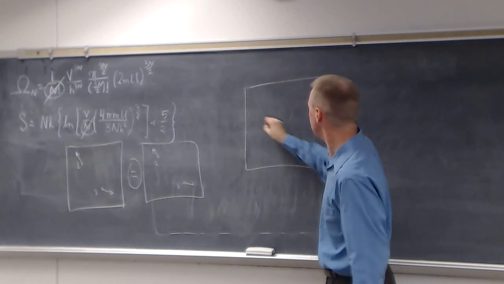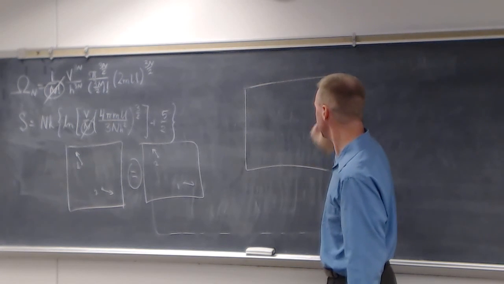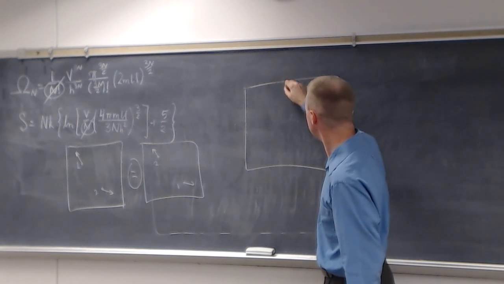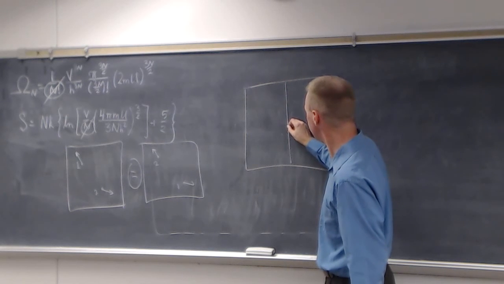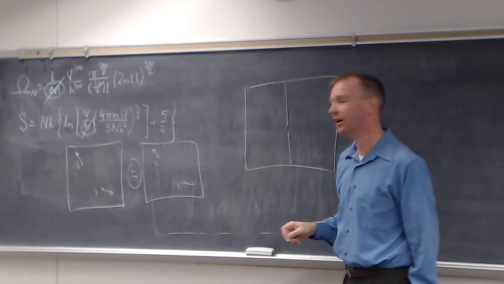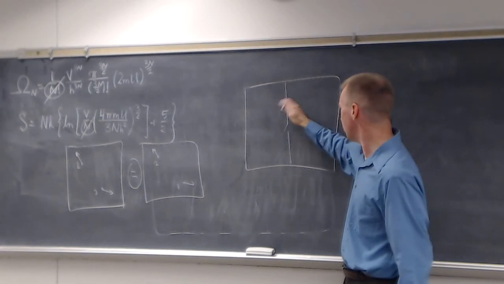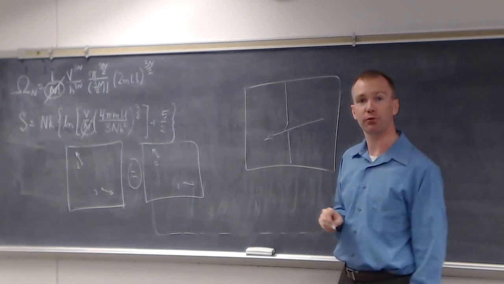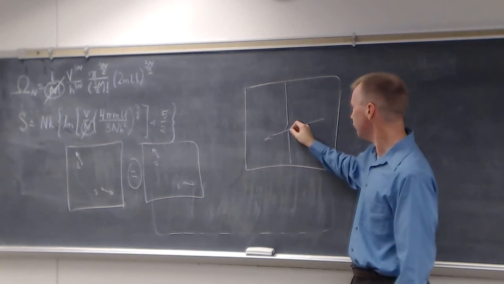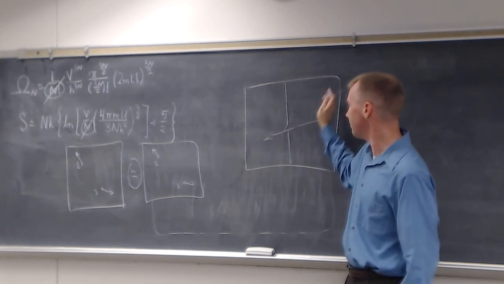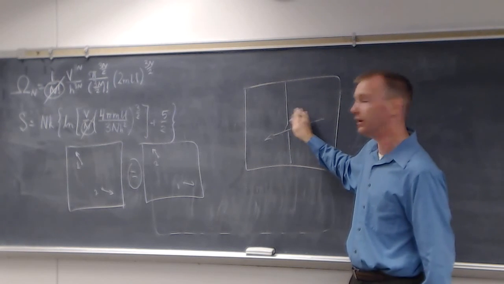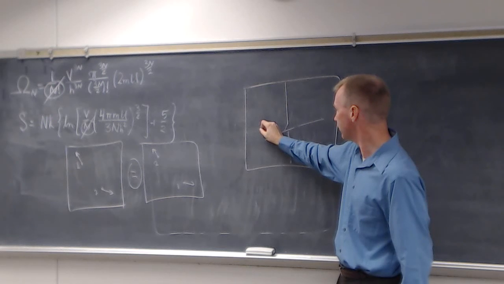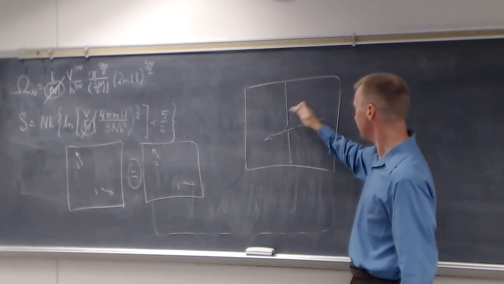So we've got a gas here with all different speeds of molecules. And what if we just put a partition down here with a little swinging door in it? Every time a high-speed molecule comes by, we open the door and let it on through. Every time a low-speed molecule comes by, we close the door and it bounces off and stays over here. Same thing over here. If a low-speed one comes through from this side, we open the door and let it through.